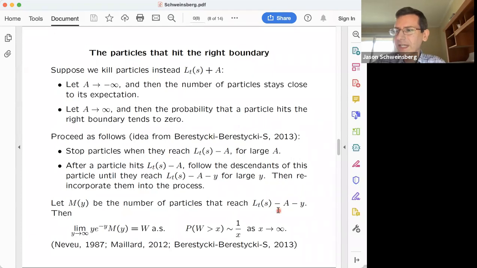Neveu showed in 1987 that as y goes to infinity, y times e to the minus y times m(y) converges almost surely to a limiting random variable W. And later it was shown that as x goes to infinity, the probability that W is greater than x is asymptotically 1 over x.